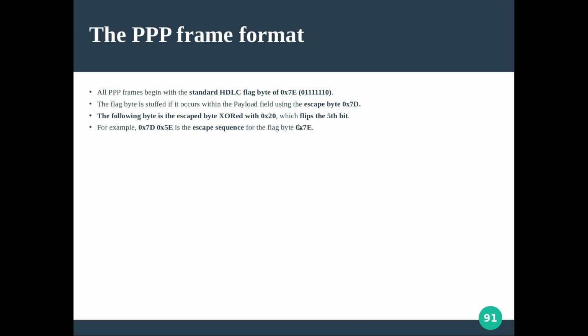For example, the original message you want to communicate is something like 0x7D, 0x5E. Now you can see the escape sequence for the flag byte 0x7E will be like this. So what happened?